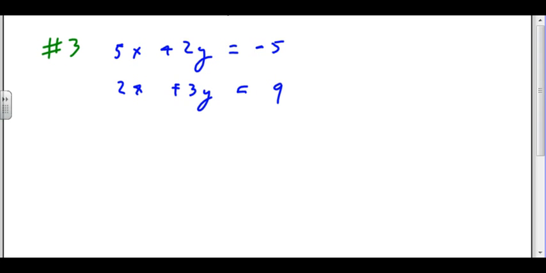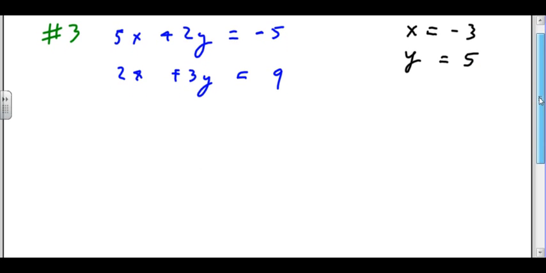And I see that my calculator thinks that x is going to be -3 and y is going to be 5. And now we could look in the back of the book and it would tell us the same thing, right?